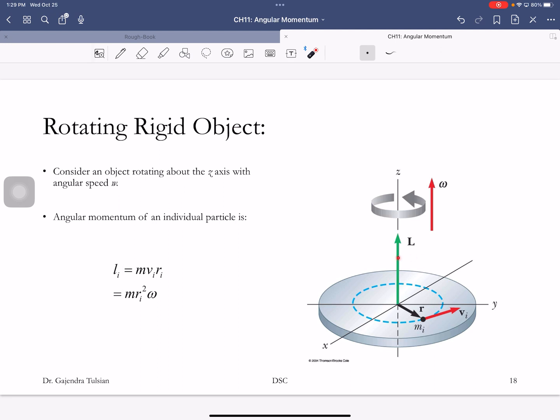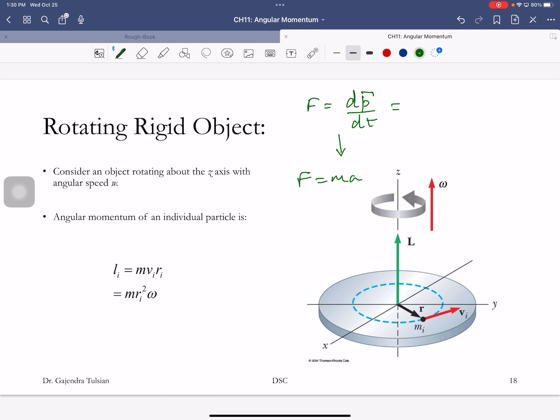For a rigid object, here's what we're going to do next. Here was Newton's second law for linear motion. When does it reduce to F equal to ma? When the mass is constant.